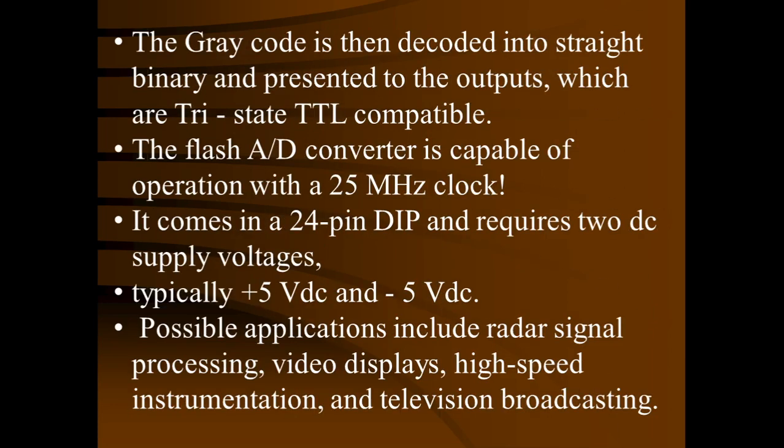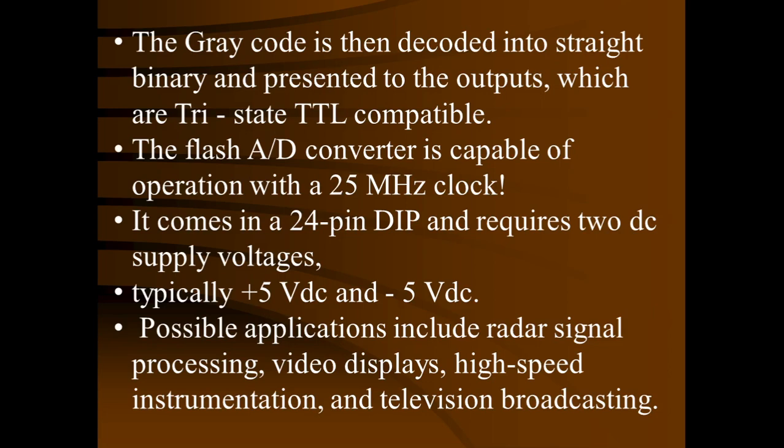The gray code is then decoded into binary and presented to the output, which is tri-state TTL compatible. There are ICs available which convert gray to binary using exclusive OR gates, which you have also studied in the F5 and S5 syllabus.